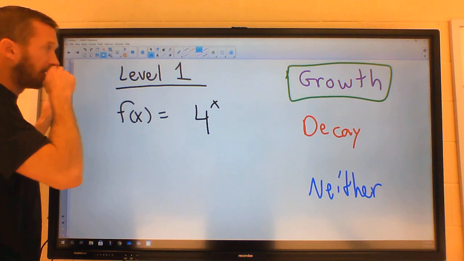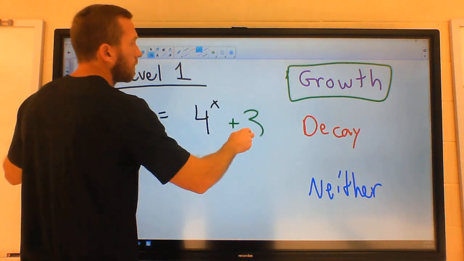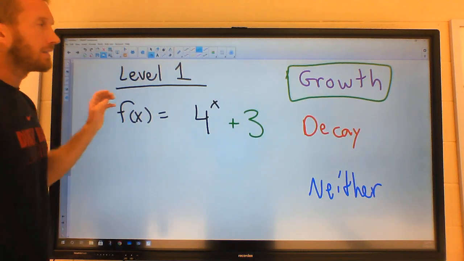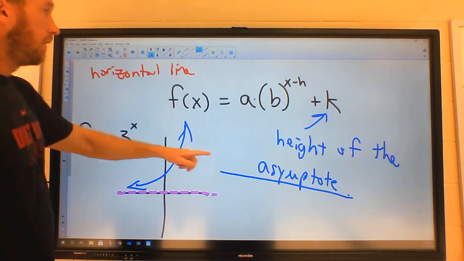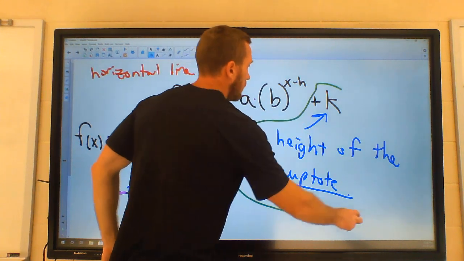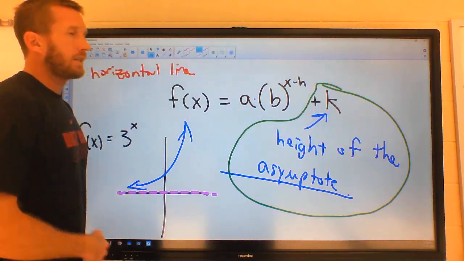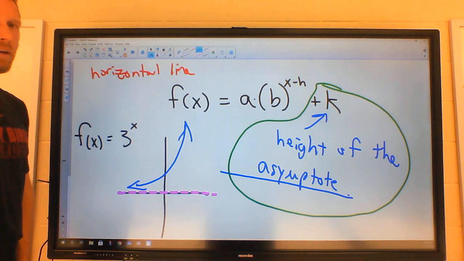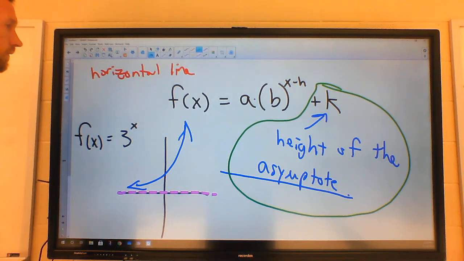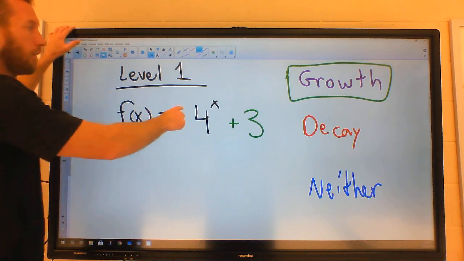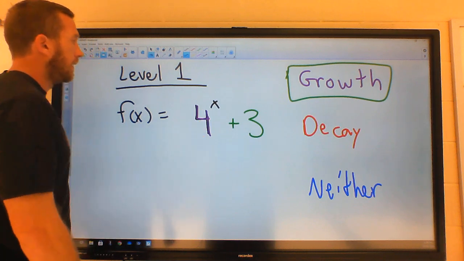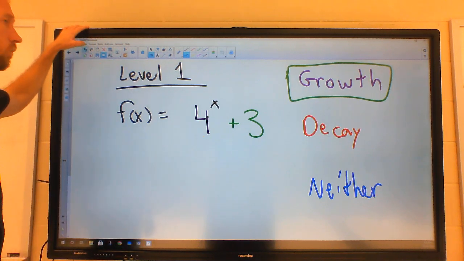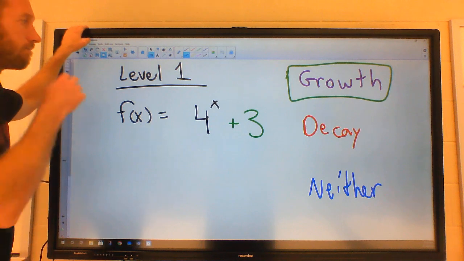What I'm saying is if you add something outside of this, that does not change that it is growth. All that does is change the height of the asymptote. That's all that does. It does not change that it's growth. It doesn't affect our base whatsoever. Our base is still right there.